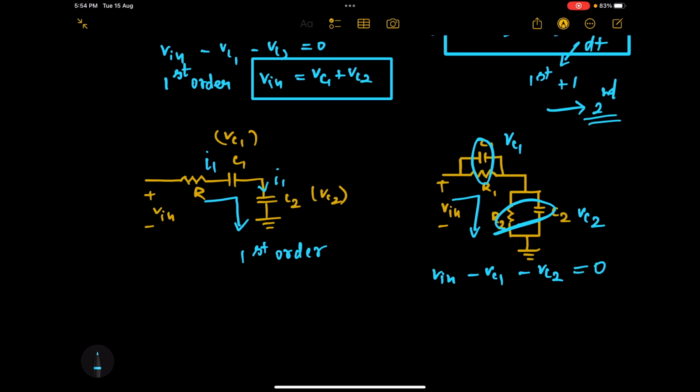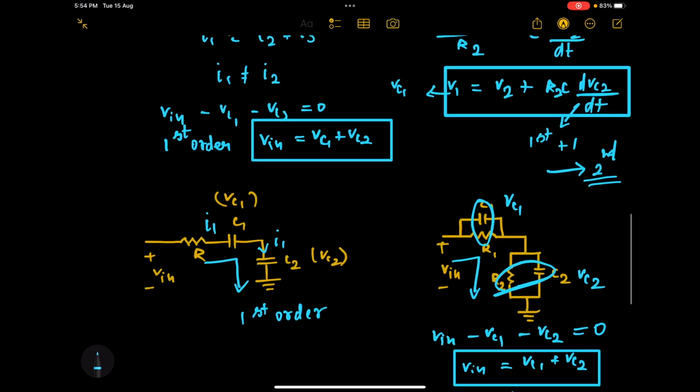So here Vin is equal to VC1 plus VC2, same as the first example that we saw. This is the relationship between VC1 and VC2, which is a simple linear relationship. So this is a first order circuit. This is how you find the order of a given circuit.